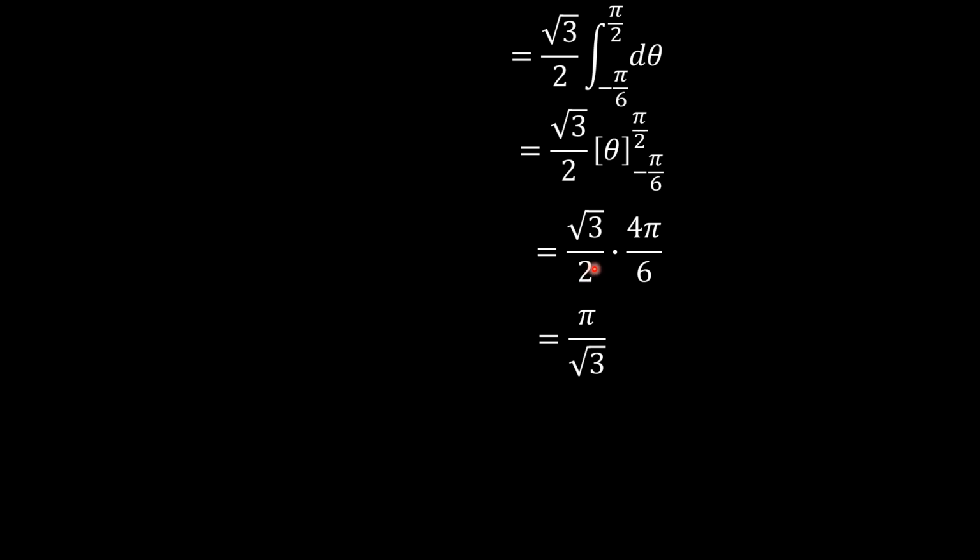Because what happens is, divide by 2, 1, we have 2 here, and then divide by 2, 1, 6 divided by 2 is 3, and 3 divided by root 3, so we have root 3 here in the denominator, and that is the answer.